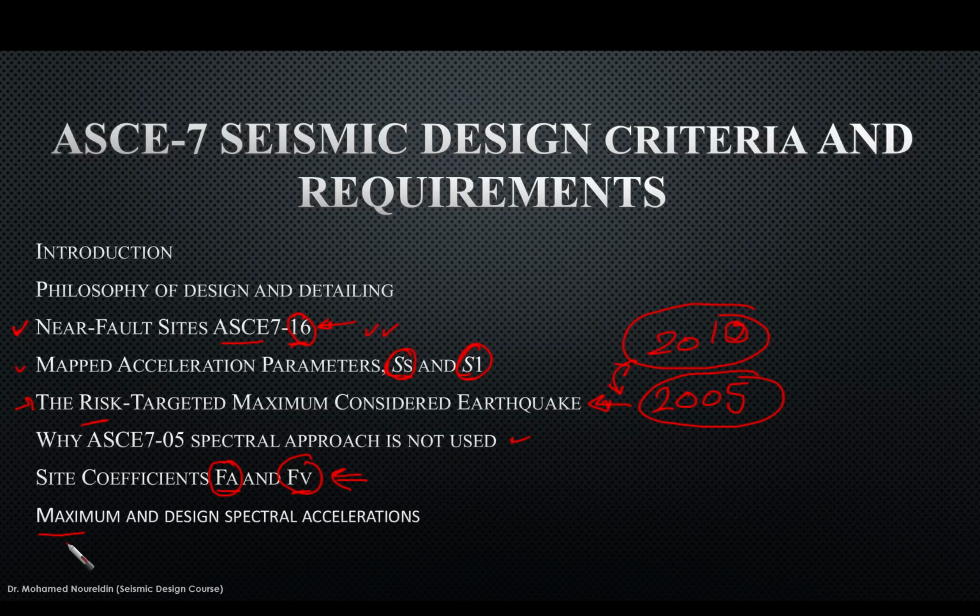After obtaining the maximum by multiplying these factors by the mapped acceleration, we're going to talk about the design spectral acceleration, how we can obtain it from the maximum, and the rationale of the 2/3 and so on. So these are the contents of today's lecture or today's video.